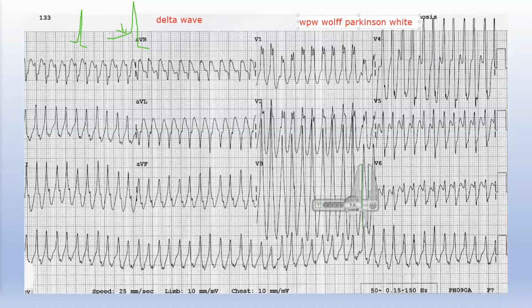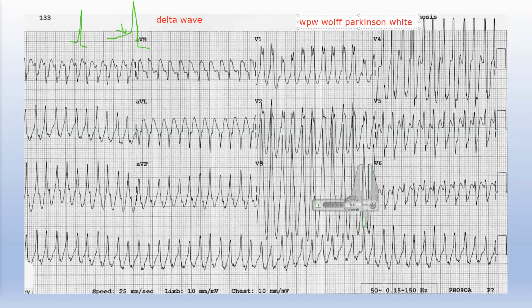When there is an accessory pathway, the sinus node action potential can pass through the bypass tract before the AV node, resulting in the ventricles becoming rapidly depolarized. This is what is known as pre-excitation and results in that shortened PR interval on the ECG, as well as a delta wave.